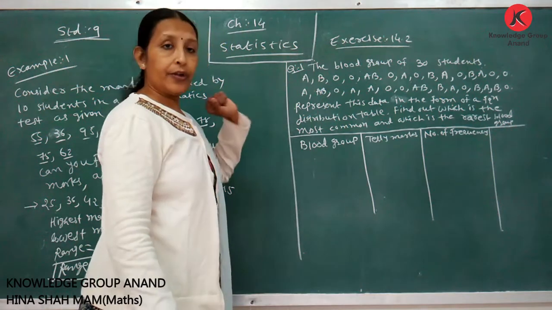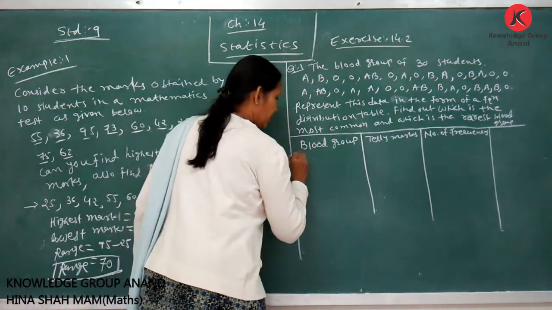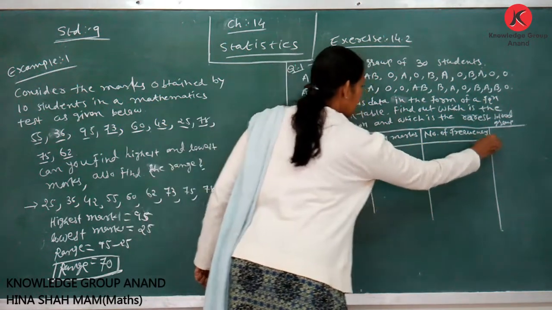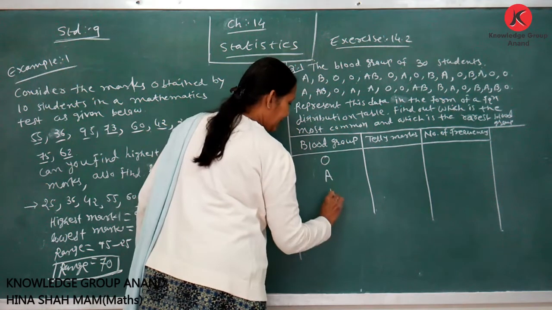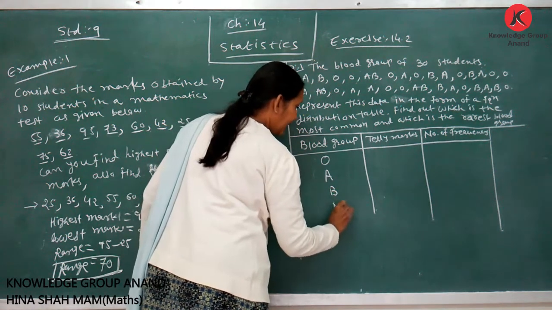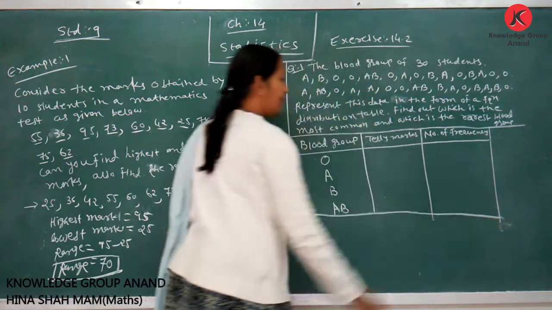How many types of blood group? Here A, B, O and AB. We know there are 4 types: O, A, B and AB. We prepare the frequency distribution table.